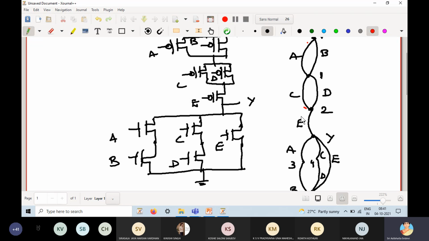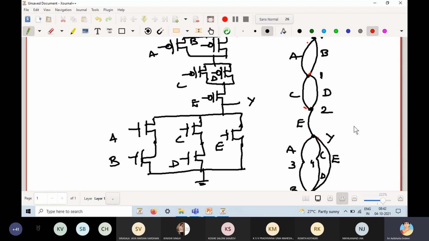So I cannot start with A. If I start with B, A, C, E, I cannot. So if I start with E, C, A, B, D, I can complete, right? E, C, A, B, D. Do you understand?